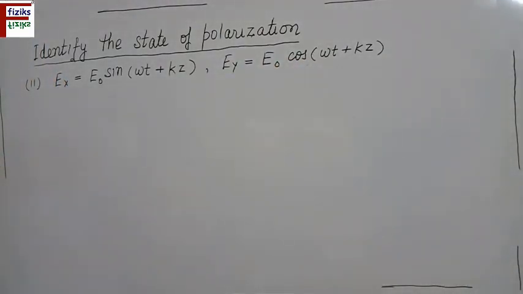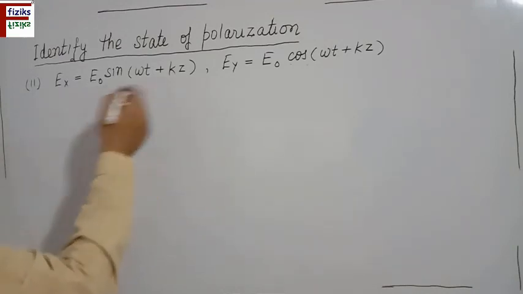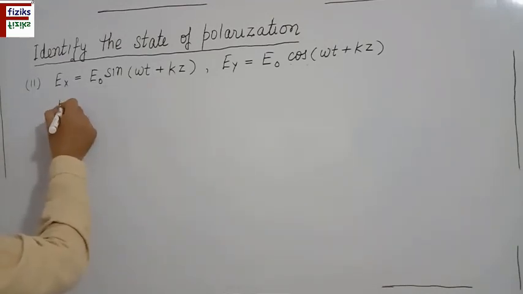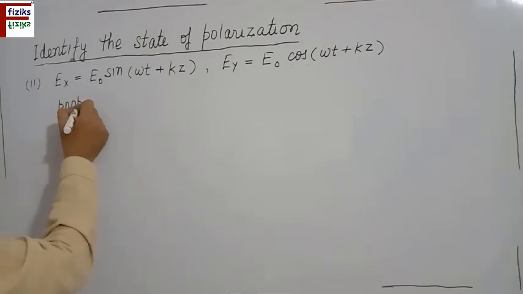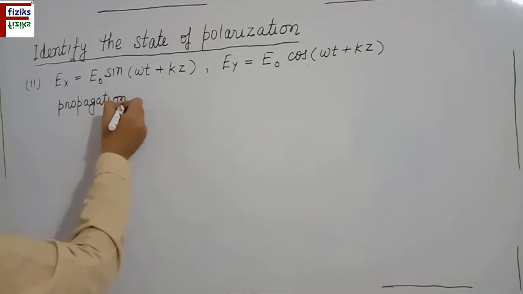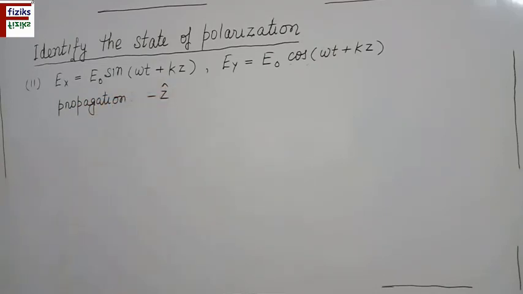Now we can find out what will happen to the state of polarization. First, we observe that the propagation is in the negative z cap direction. Here light is propagating in the minus z cap direction.